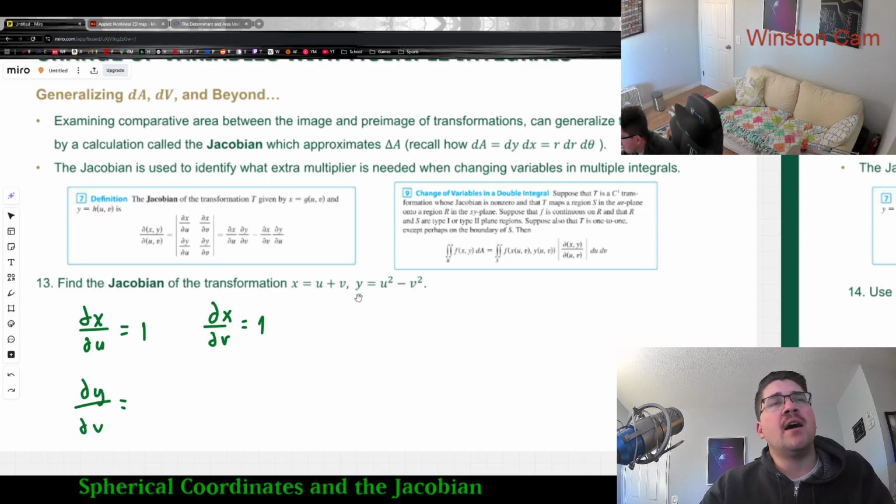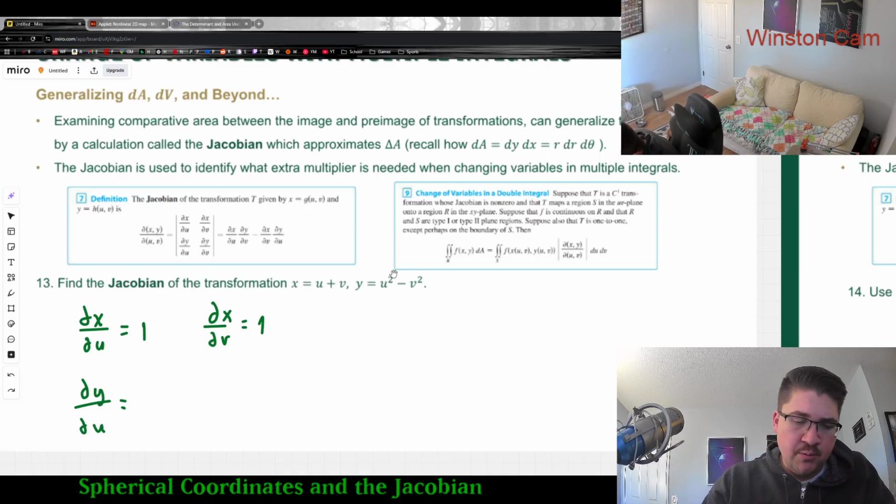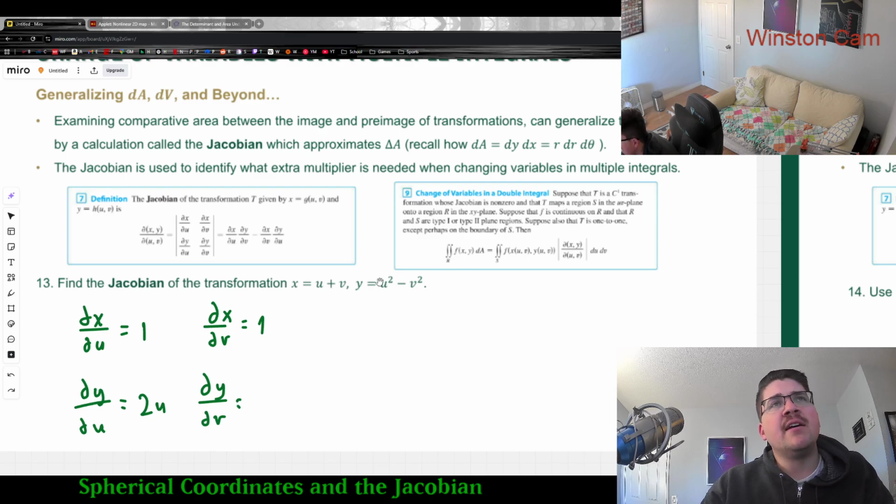Now for dy, let's start with u first to keep our structure the same. We'd have 2u, again treating v as constant. Now partially differentiating y with respect to v, we would have 0 minus 2v. Summarizing, we have our transformation, and we need to know the partials of both variables.